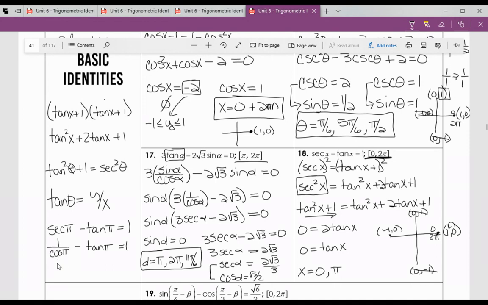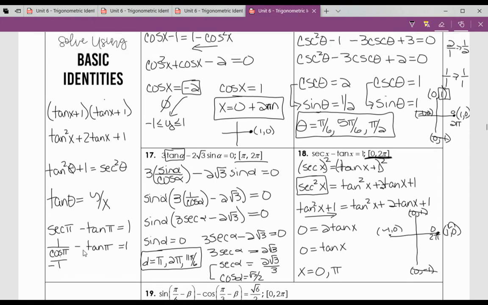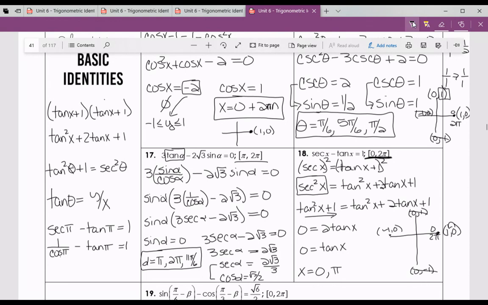Cosine at pi is negative 1, so that would be 1 over negative 1. So basically what I'm doing is I'm checking my answers. So this would be 1 over negative 1 minus tangent at pi is 0. And that gives me 1. Well, that doesn't give me negative 1. So pi has to be thrown out.